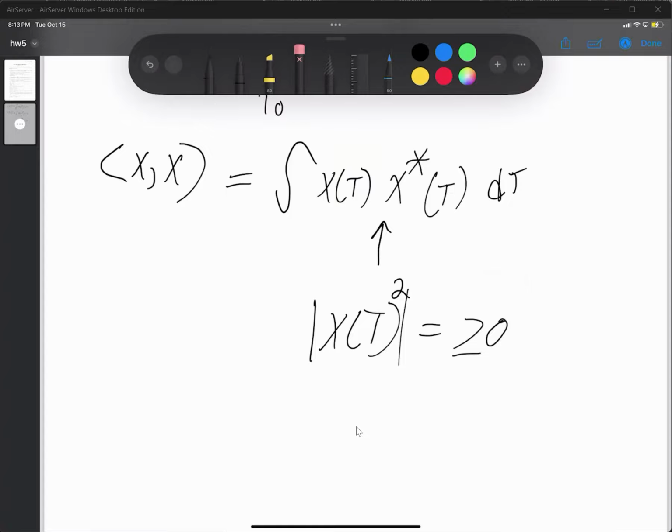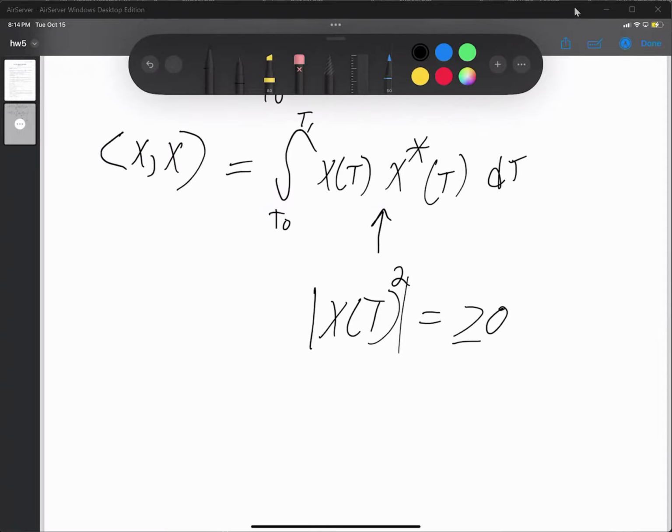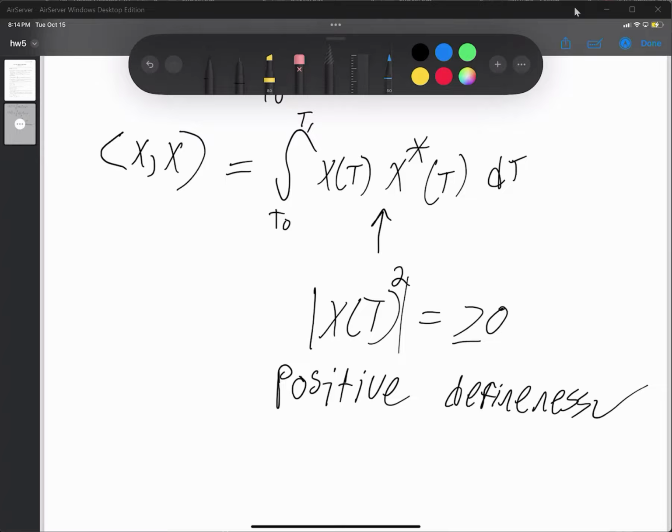T0, T1. Okay, now let's prove symmetry. What's symmetry again? Before I do, let me write this. Positive definiteness. Okay, and we're going to redo this over here.